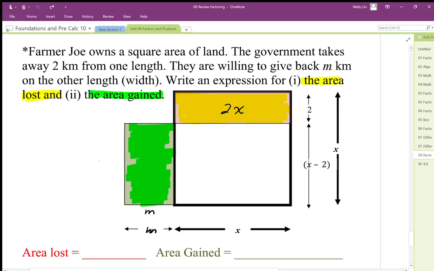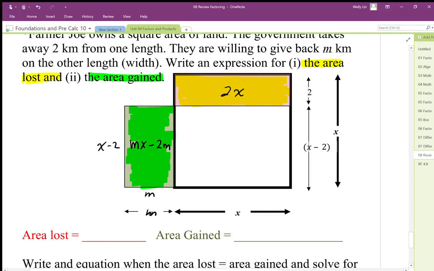So it's going to be x minus 2. So I'm going to end up with x times m, which is mx, negative 2 times m, which is 2m. So there's my area lost and my area gained. My area gained was mx minus 2m. That's how much area I gained. And the area lost was 2x.